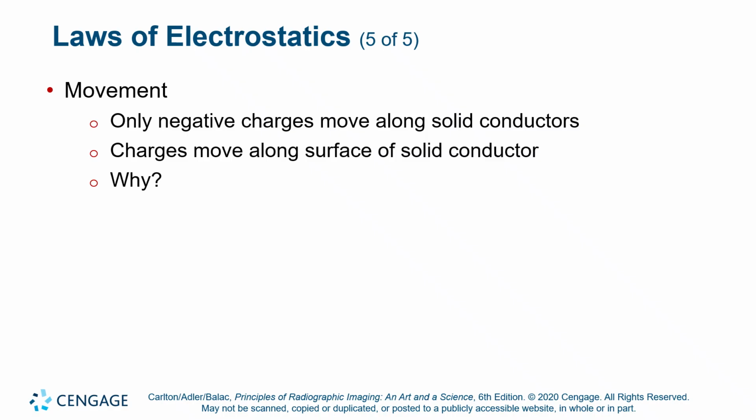The conductor is made of atoms that have orbital electrons, and so the loose electrons must ride on the outside of the wire. Straightforward. But again, that's movement of charges, so aren't you really talking about electricity and conduction of electricity at that point? Yes, you are.